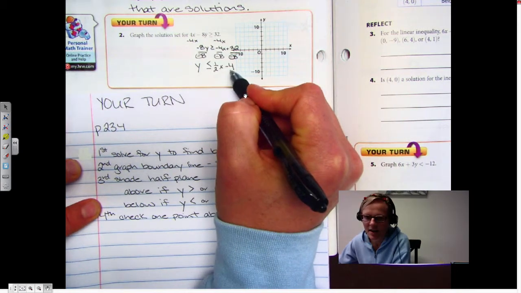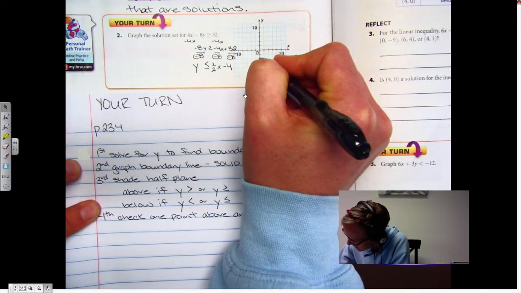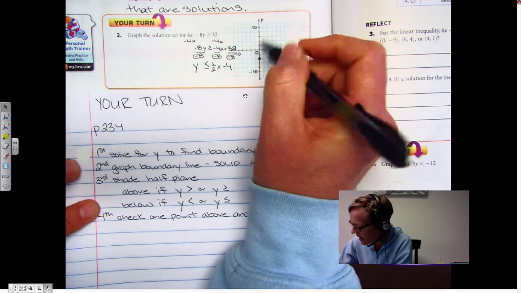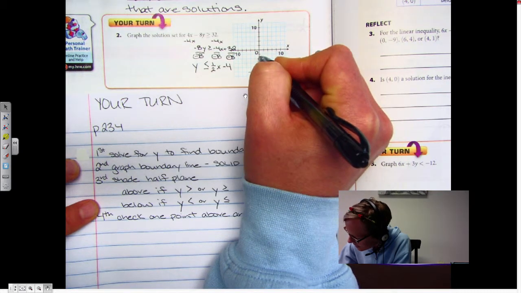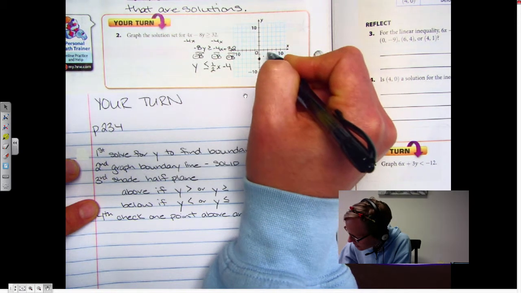We're going to start at negative 4. Again, they're counting by 2s. So we're going to go up 1 over 2. We're going to go up 1, which is half of a grid, and over 2, up 1 over 2.